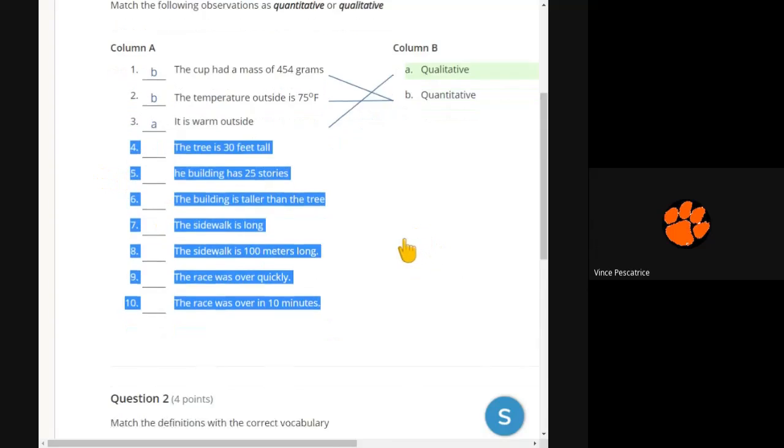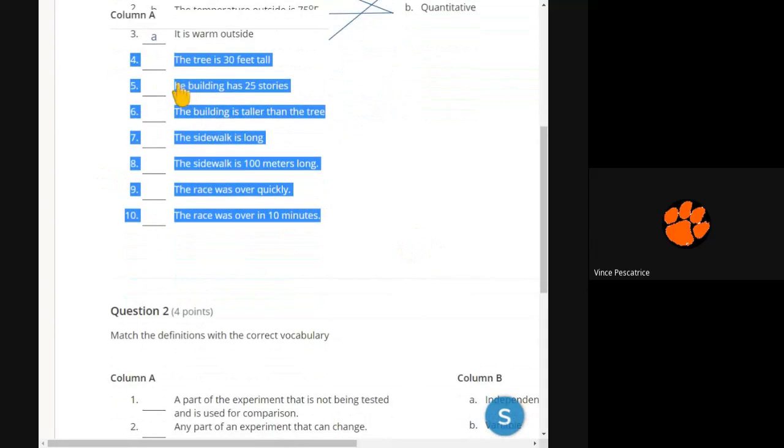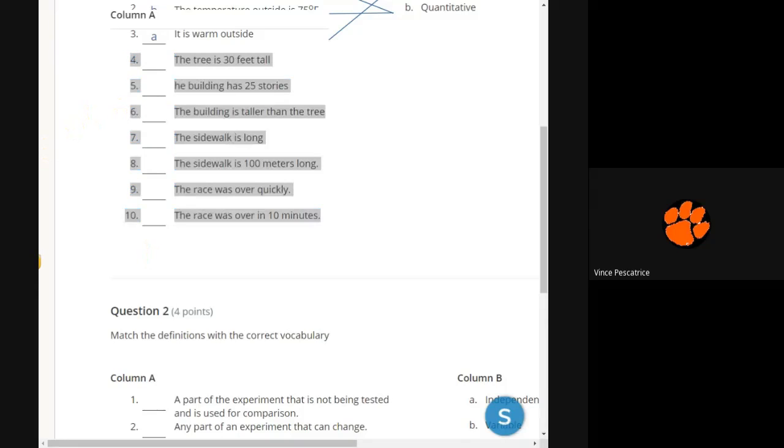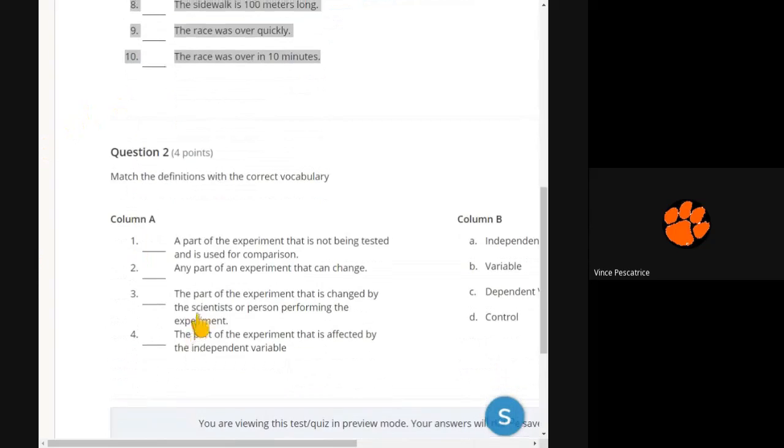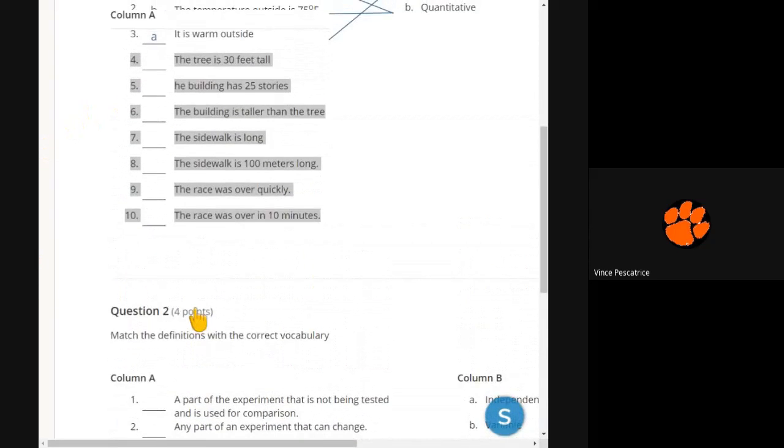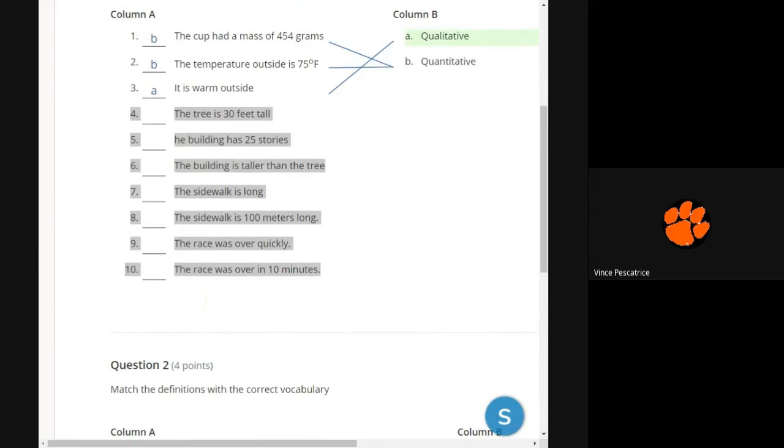When you're done with the highlighted questions, put done in the chat. And then I'll know to move on to number 2. All right? So I'll give you guys a few minutes to do that. And when you're done, put done in the chat.